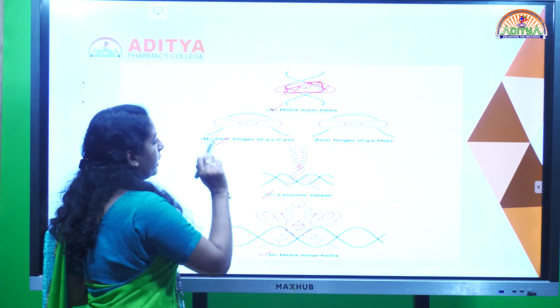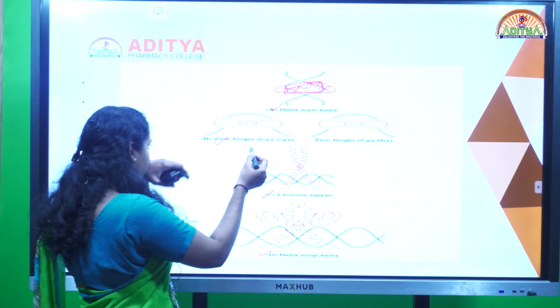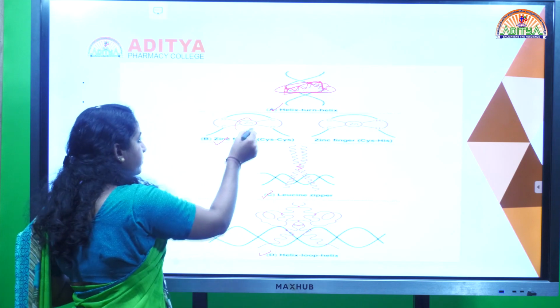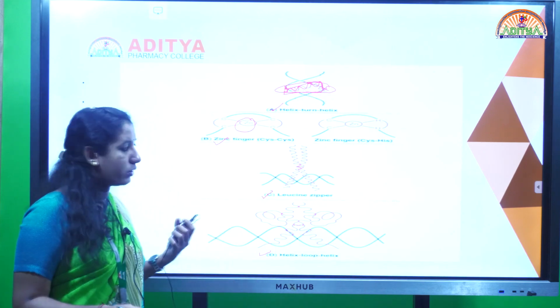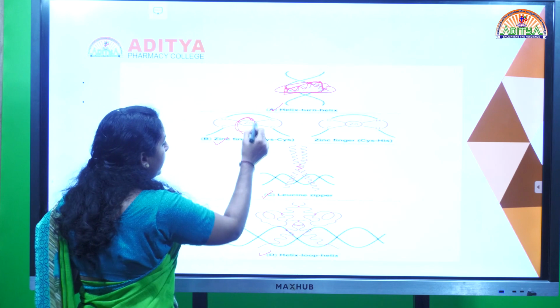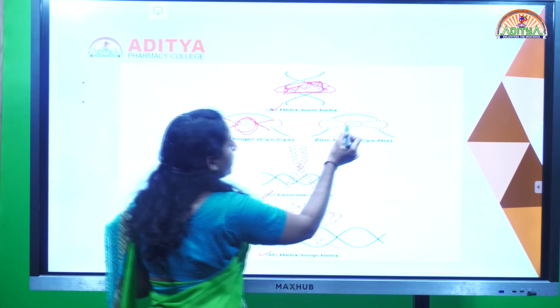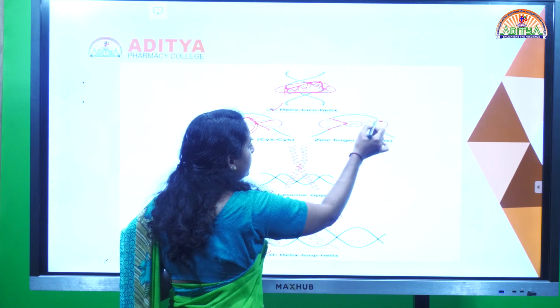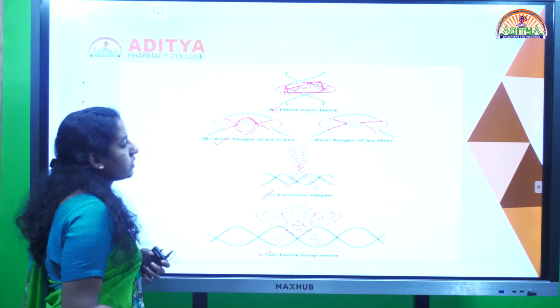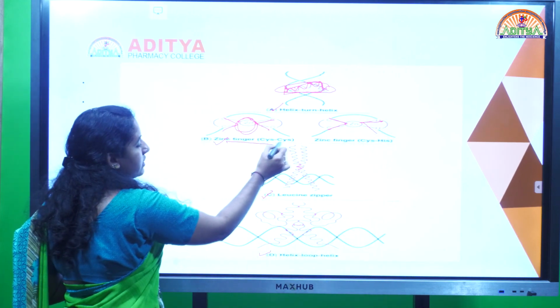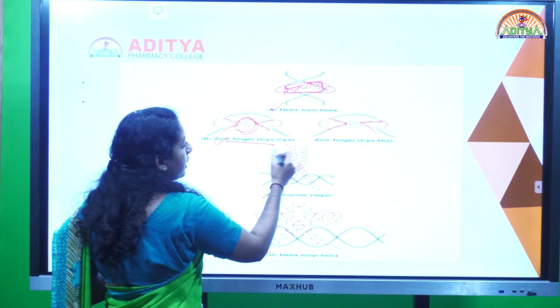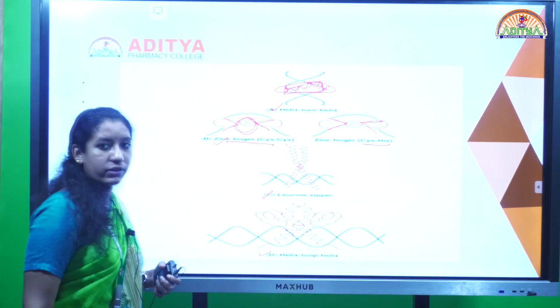If you observe the zinc finger motif, zinc is the major element in this motif. Zinc forms complexes with cysteines and histidines. So this is the zinc finger cysteine motif, and the zinc finger cysteine and histidine motif.